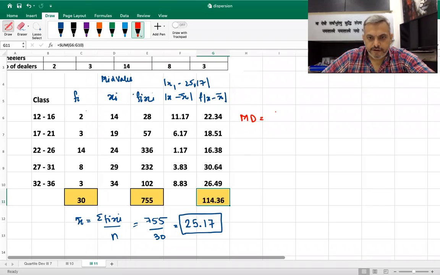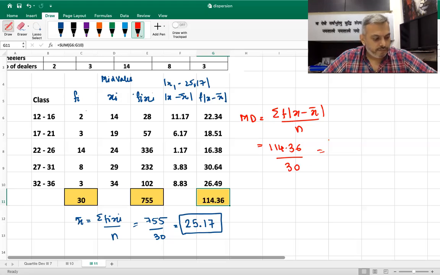Mean deviation is equal to sigma fi modulus xi minus x bar upon n, which is equal to 114.36 upon 30, which is equal to 3.812. So we can take 3.81.